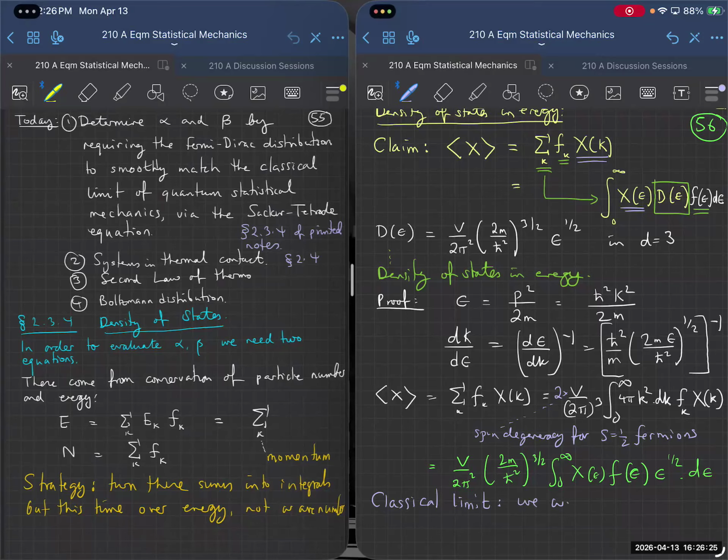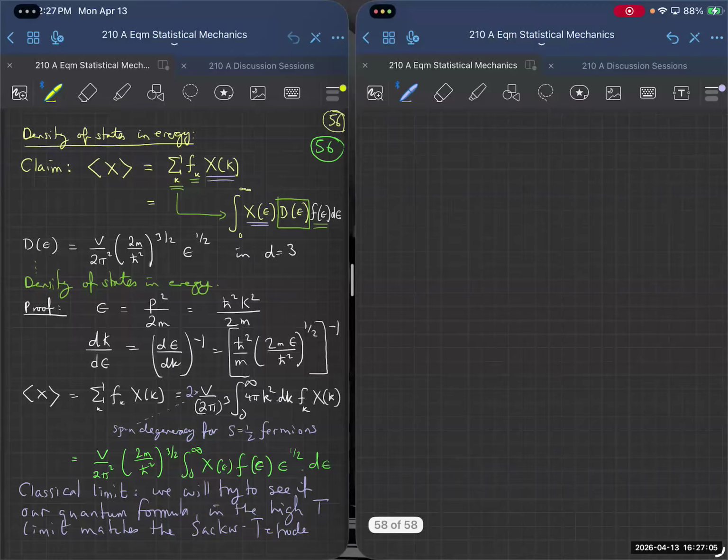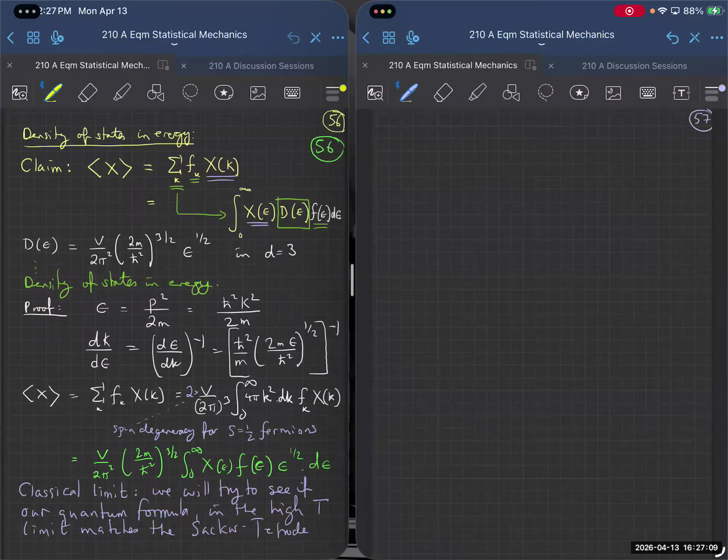We will try to see if our quantum formula in the high temperature limit matches the Sackur-Tetrode formula that we derived before. That's our strategy.